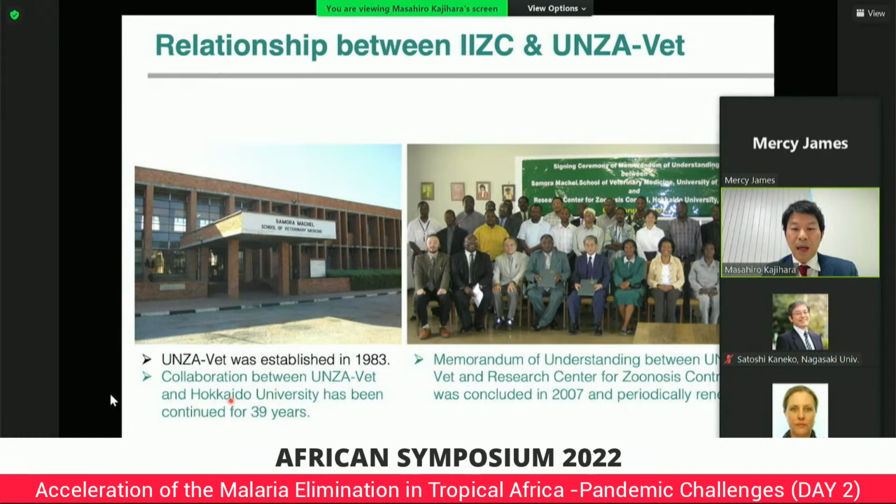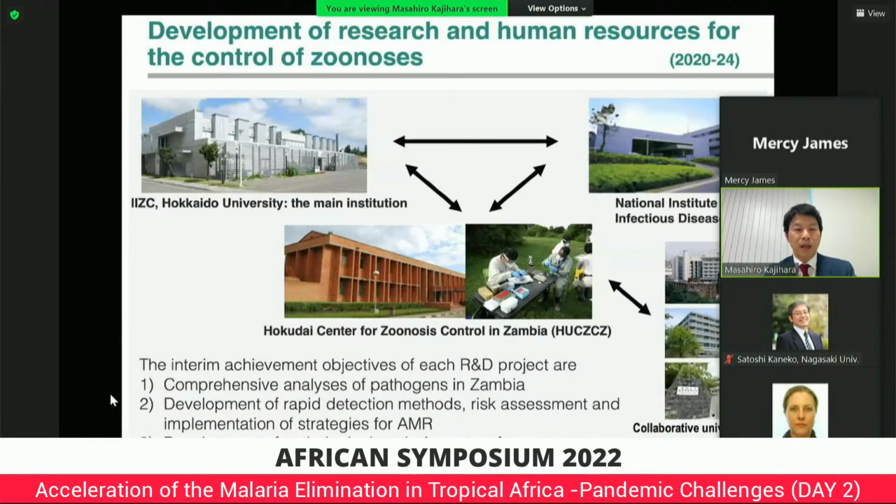for 39 years. We made an MOU between UNZAVET and our institute in 2007, and periodically we are renewing this MOU. Currently, we are running two major projects. The first one is the development of research and human resources for the control of zoonosis under the AMED project.